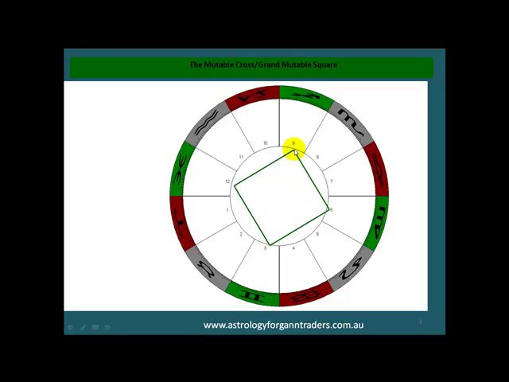This is known as a mutable square because it involves mutable signs: Gemini, Virgo, Sagittarius and Pisces. So these are the 4 mutable signs. Across the dial, which is always 180 degrees apart, is Gemini and Sagittarius, and the other 2 across the dial are the 6th and the 12th, or Virgo and Pisces.